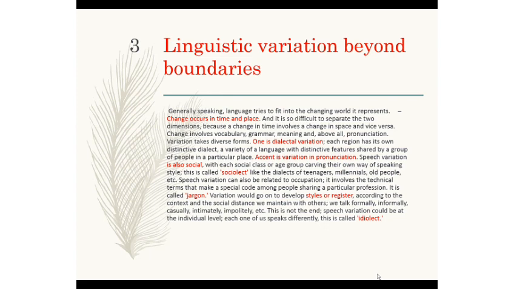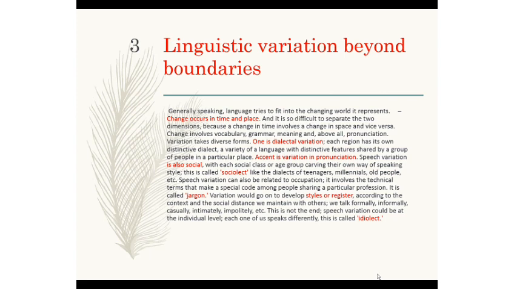So when, for example, two doctors speak together in front of some patients, they can speak using medical terminology to exclude the other people who happen to hear what they are saying. So each profession and each work field has its own terminology, which is called jargon.